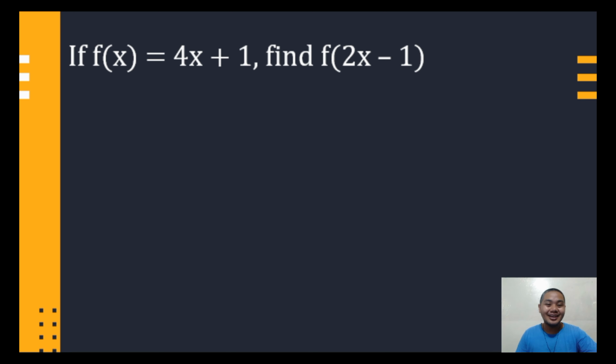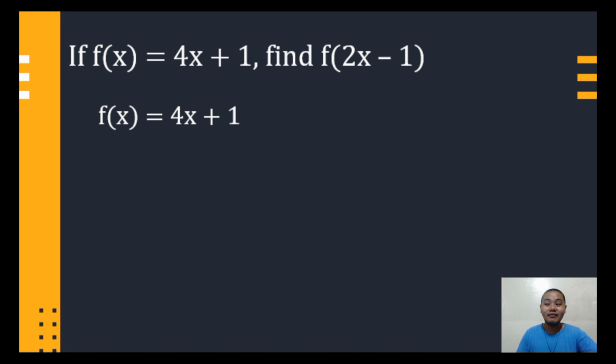Next example tayo. If f of x is equal to 4x plus 1, find f of 2x minus 1. So again, basta alam niyo yung concept ng evaluating function, hindi magiging mahirap yung topic na ito. Again, yung concept ng evaluating function is pinapalitan lang kung ano yung value ng x. So in this case, yung x, papalitan natin siya ng 2x minus 1.